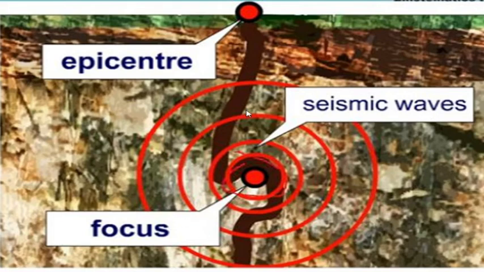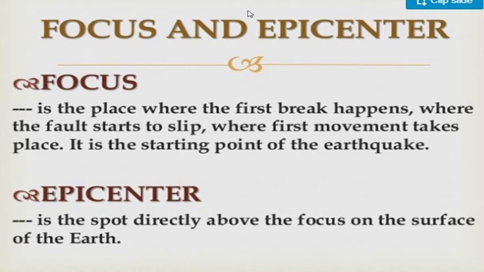Pag nagkaroon ng vibration, nagkaroon po siya ng shaking of the ground. Yan. Doon po sa taas na yon, posibleng doon po yung epicenter kasi mismong tapat po niya ng focus. Alright? So, focus and epicenter, anong pagkakaiba?